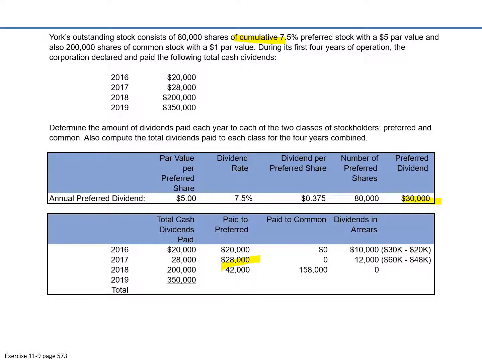In 2019, we paid $350,000 of dividends. So we're going to pay 30 to our preferred shareholders, and we're going to pay the remaining $320 to our common. And we have no dividends in arrears. Okay? So we paid a total of $598,000 of dividends, 120 of which got paid to preferred, 478 to common.